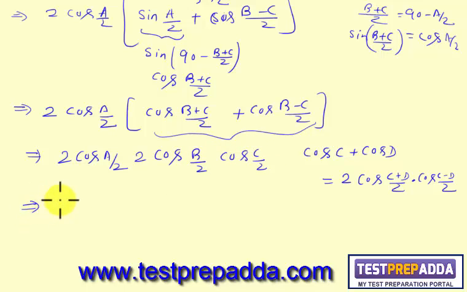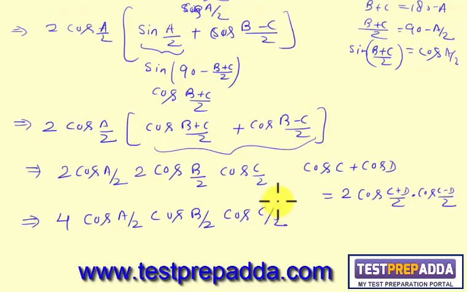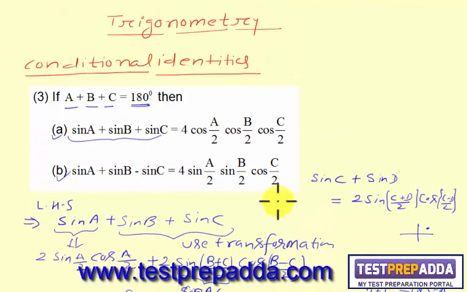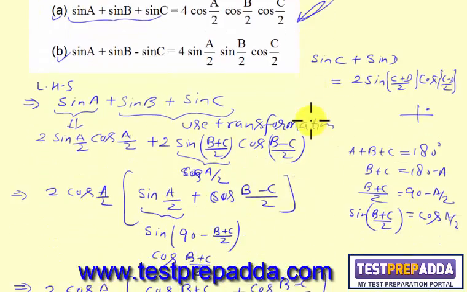So at the end the result will be 4 cos A by 2 cos B by 2 cos C by 2. Now check the RHS given in the identity. It is 4 cos A by 2 cos B by 2 cos C by 2, and that we have got. That is why it is proved.